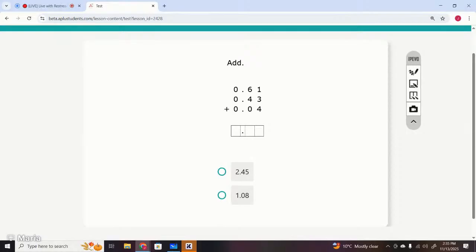Very good. Okay, the next one is 0.61, 0.43, and 0.08. So which is the correct option?